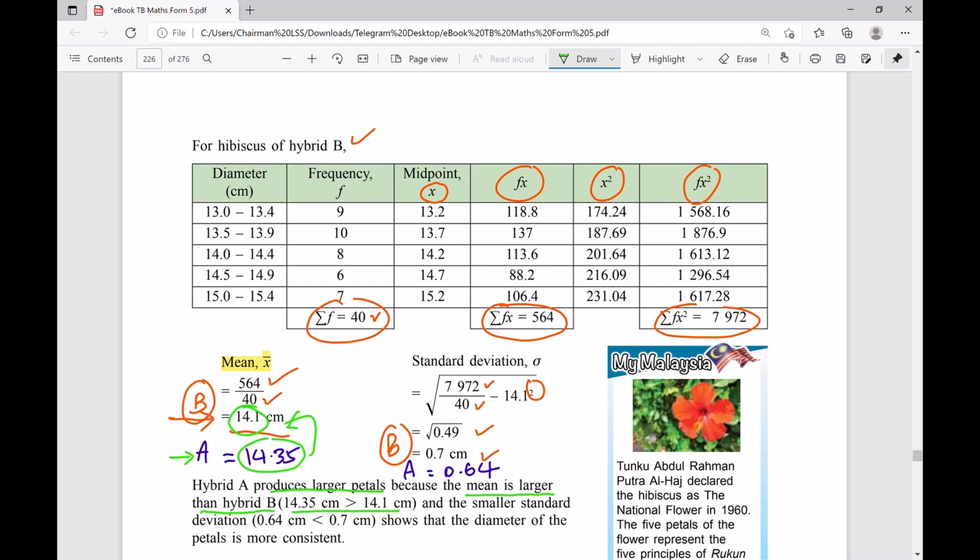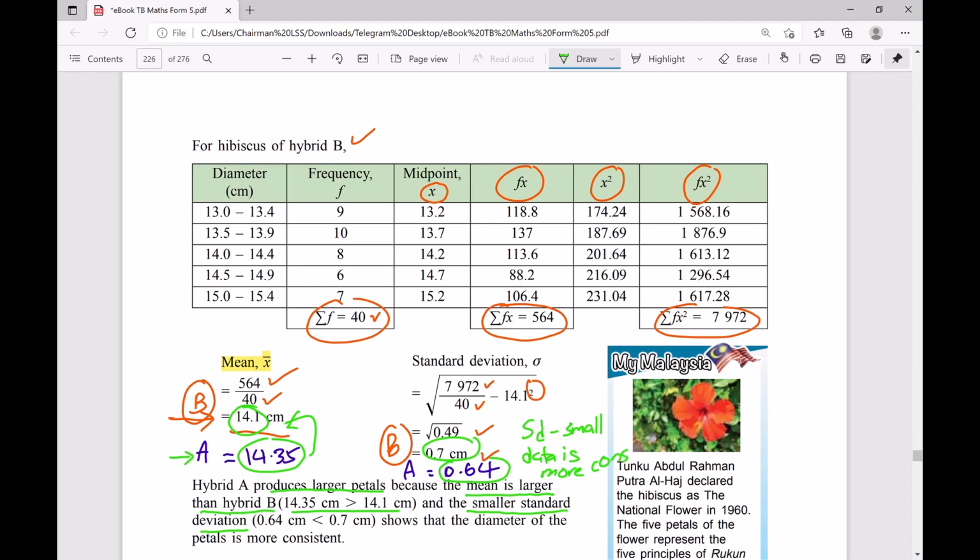For the standard deviation, it seems that hybrid A has a smaller standard deviation. When your standard deviation is small, it means your data is more consistent.